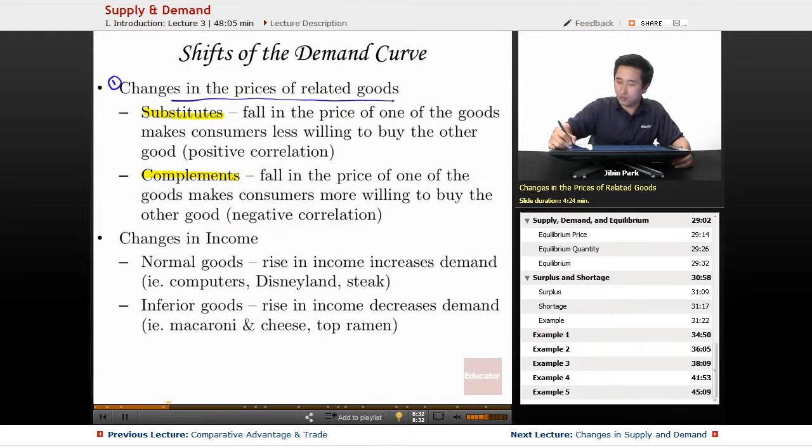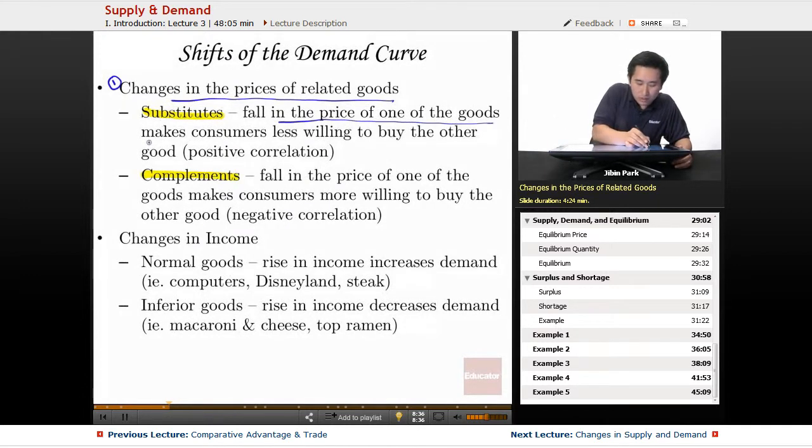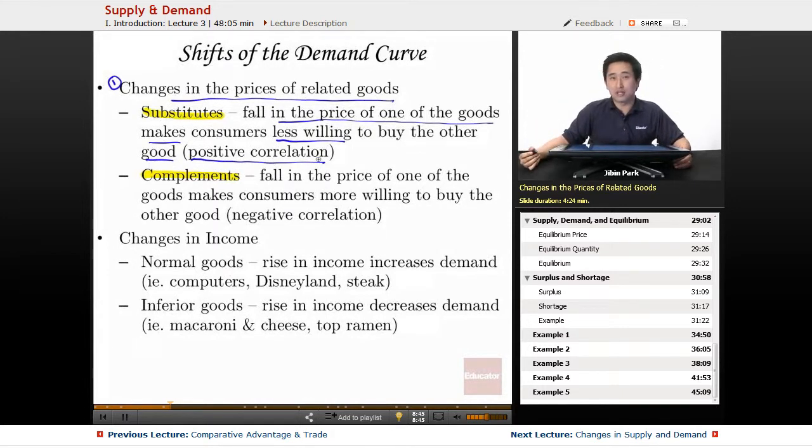Okay, so substitutes. What you have here is that a fall in the price of one of the goods makes consumers less willing to buy the other goods. So there's a positive correlation. Let's say, for example, that you have two items. A very simple example would be Coke and Pepsi.